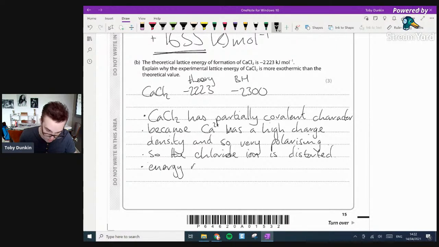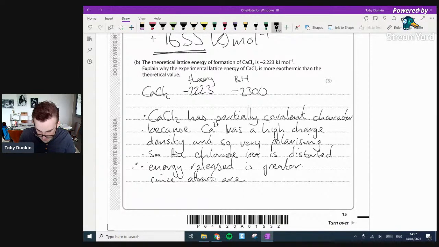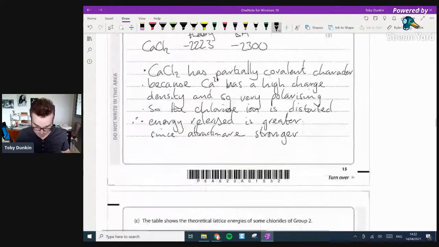So energy released is greater, since bonds are stronger, or electrostatic attractions are stronger. It's not really bonds, it's electrostatic attractions. Since attractions are stronger. Made a mess of that. Sorry about that, guys. Moving on.